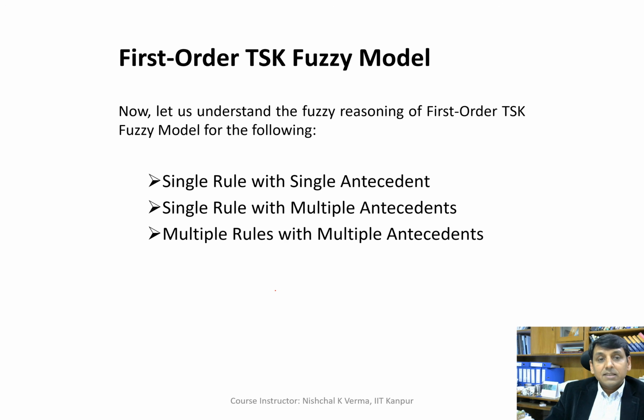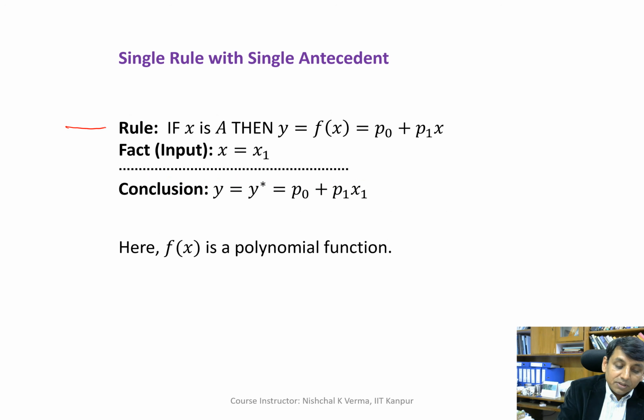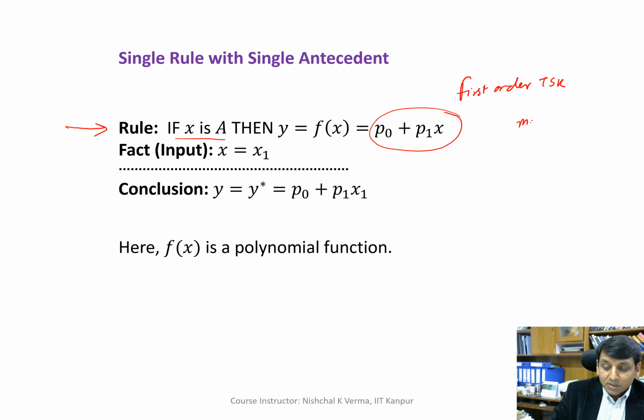The first case again is the single rule with single antecedent. Please note that for the first order TSK, we have m equal to 1 only. This means that we have fx equal to p0, the constant term, plus p1x.